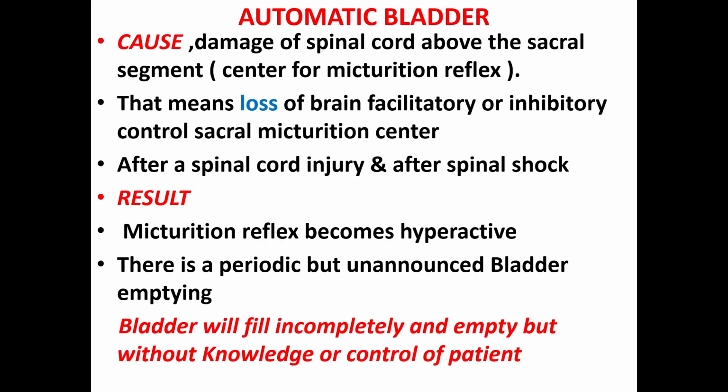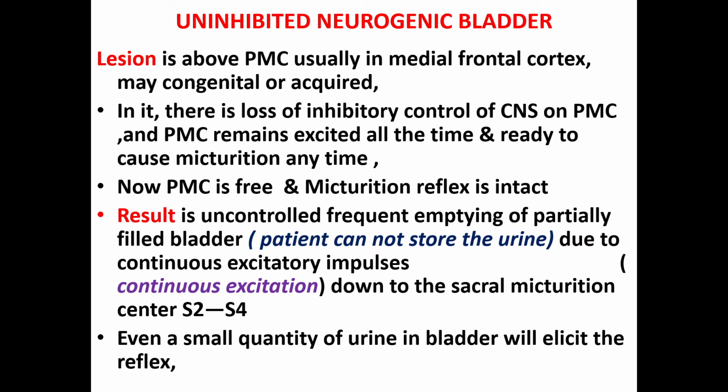In the automatic bladder, the bladder fills only to some extent; in the atonic bladder, maximum filling is there, but in the automatic bladder a small amount of urine stimulates the reflex. Then we have the uninhibited neurogenic bladder, which is due to higher center problems above the Pontine Micturition Center.